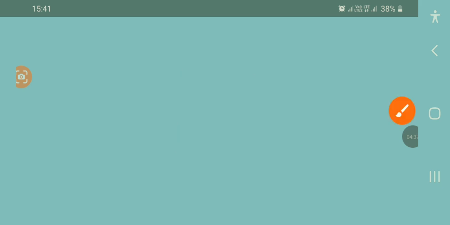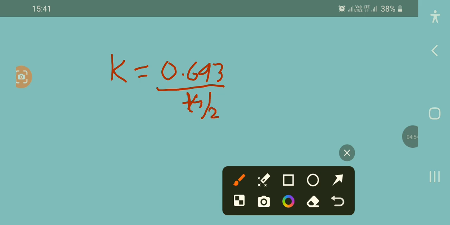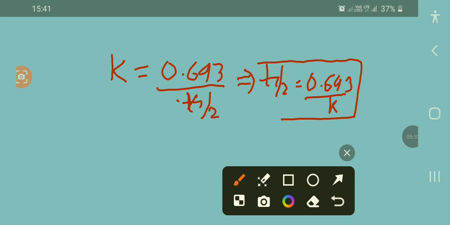Now putting the value of log 2, we have K equal to 0.693 by T half, or T half equal to 0.693 by k, and this is the required expression.